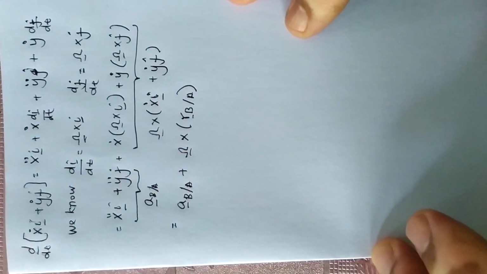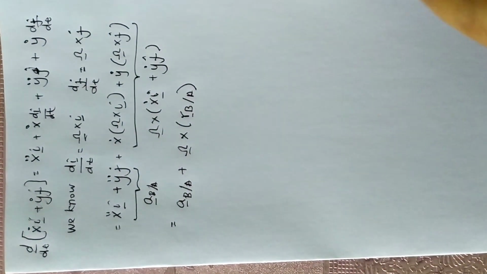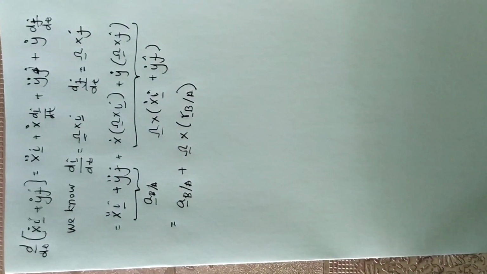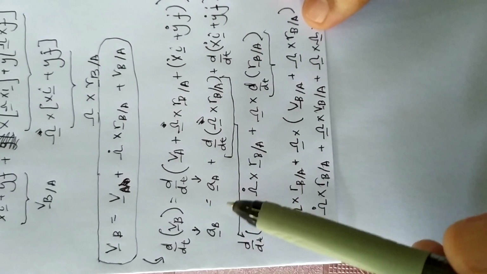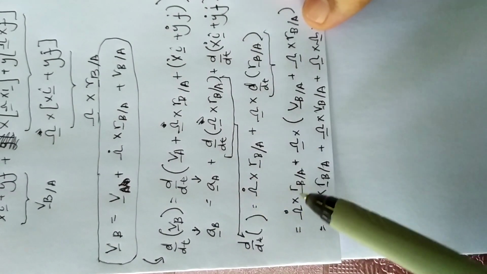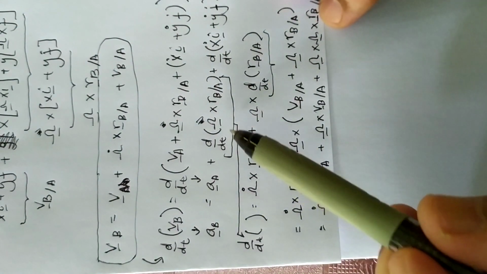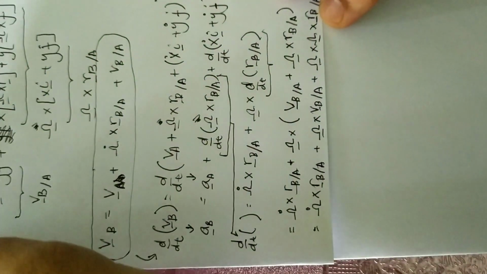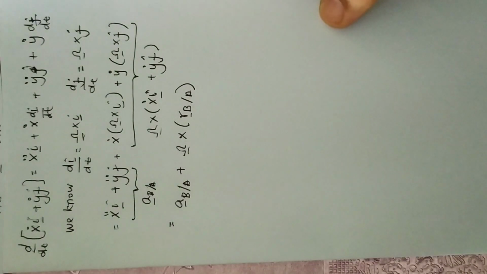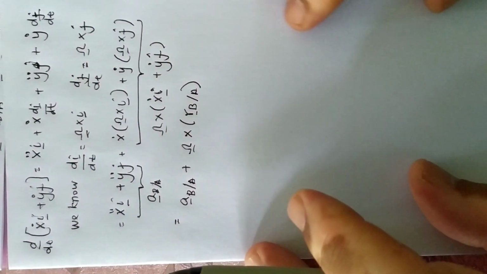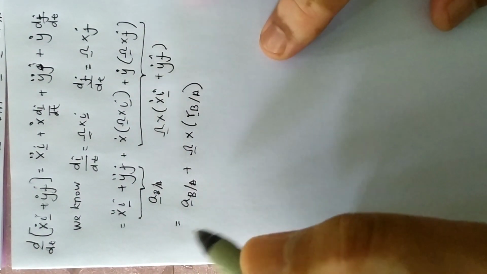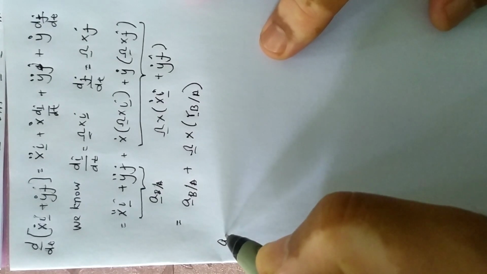So now we can put everything together. Coming back to here, look at the whole term aB minus aA. We have here three terms, so we're going to combine everything. So we will have now aB.